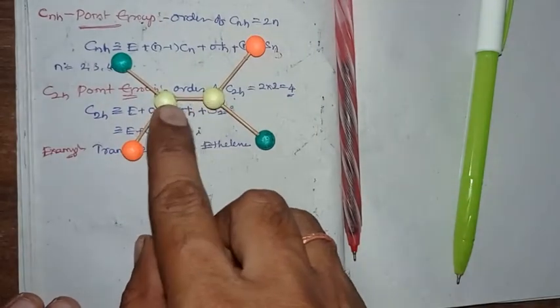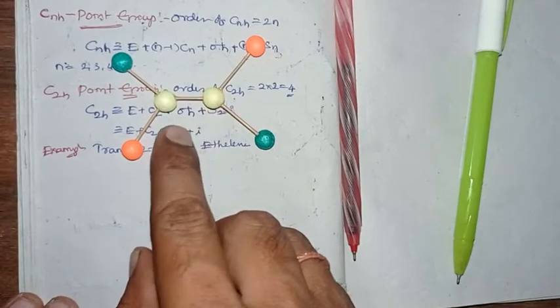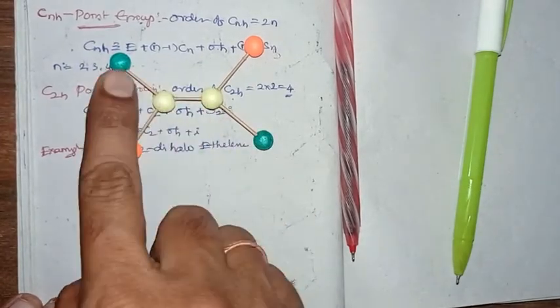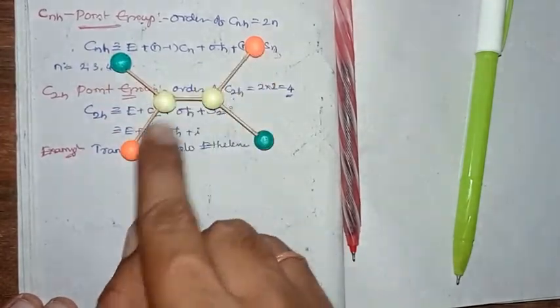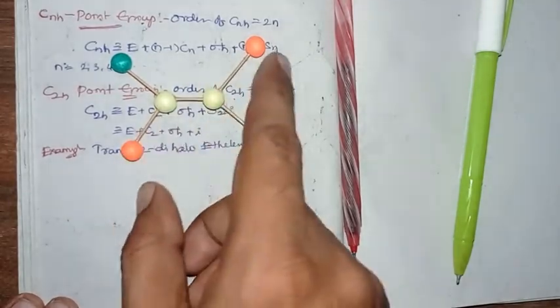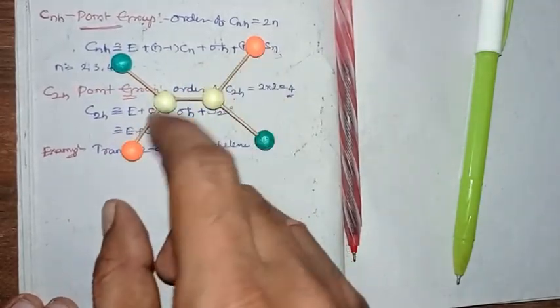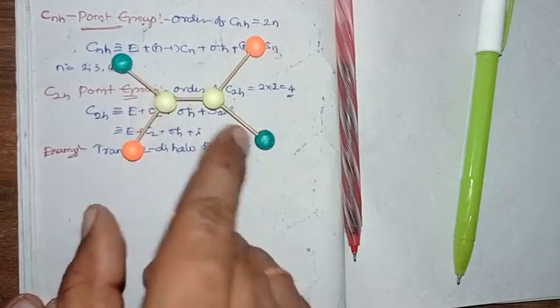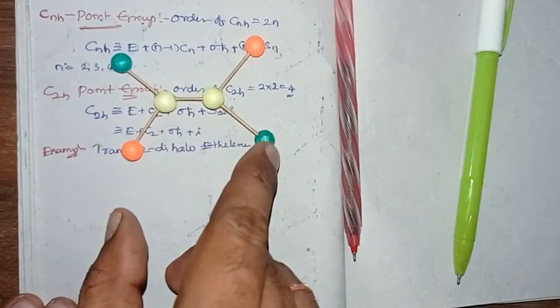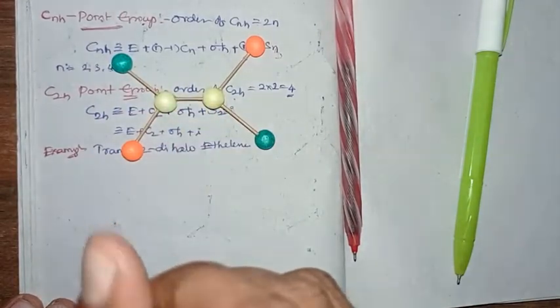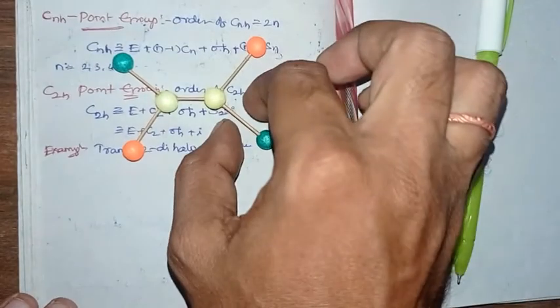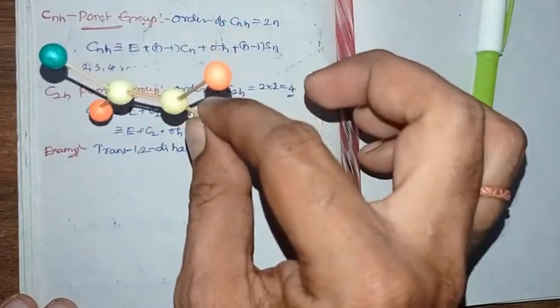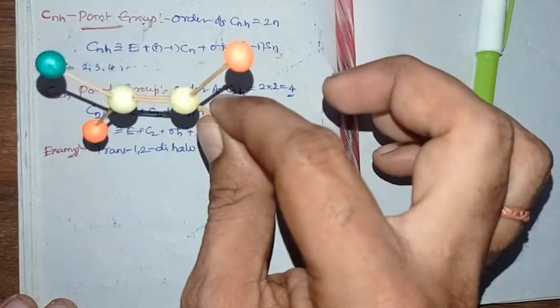It has the 2 carbons in the middle, and 2 hydrogens like this and 2 halogens like this. The oranges reflect the halogens, greens reflect the hydrogens, and yellow reflects the carbons. It has a double bond between the 2 carbon sites.